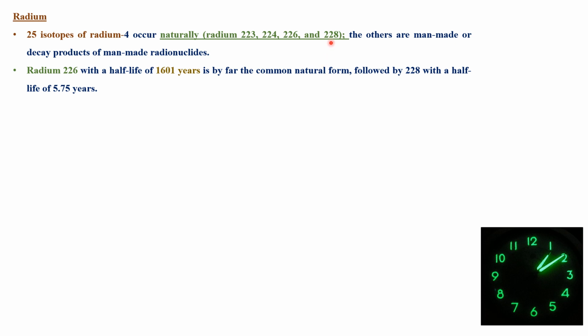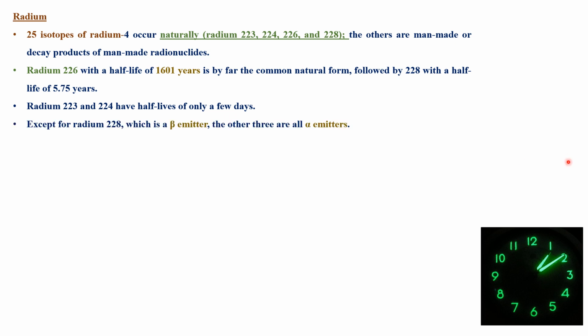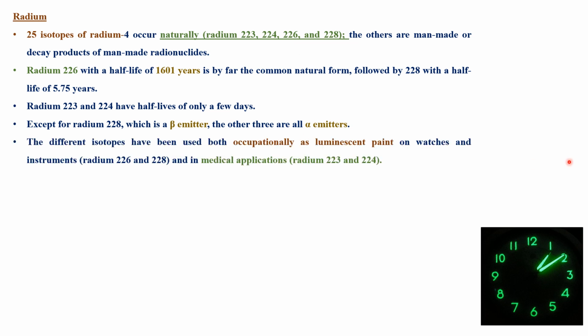The next one, 228, has a half-life of around 5.75 years. Radium 223 and 224 have very short half-lives, only a few days. One important thing that you need to remember is that radium 228 is a beta emitter, and all the other three forms, 223, 224, and 226, are alpha emitters.